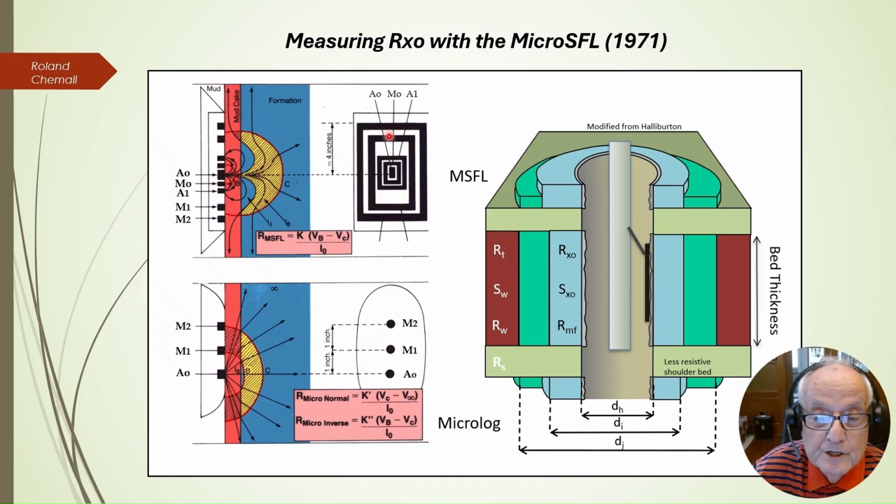In addition, in order to be able to invert and get Rt, the scientists at Richfield SDR, Schlumberger Dow Research, invented a pad-type tool which is very sensitive to the invaded formation, Rxo. It was called the Micro-SFL, micro spherically focused log.